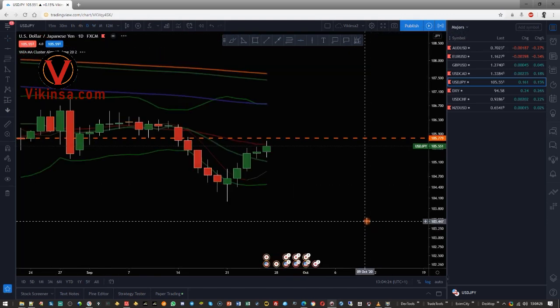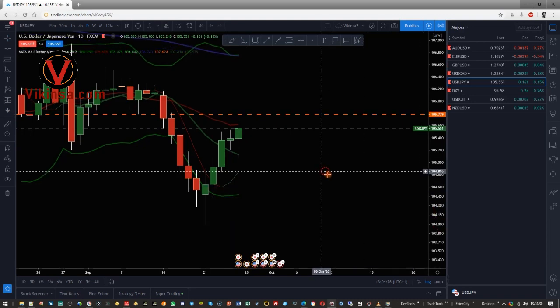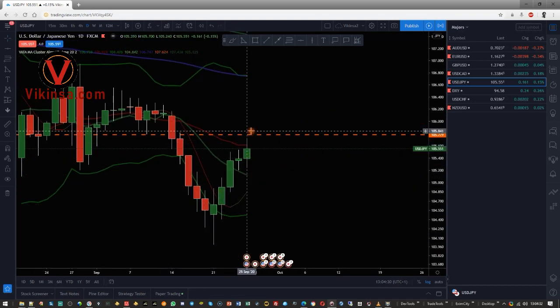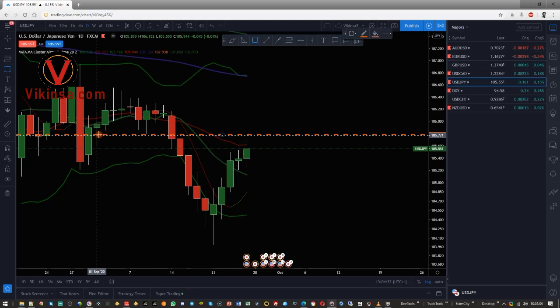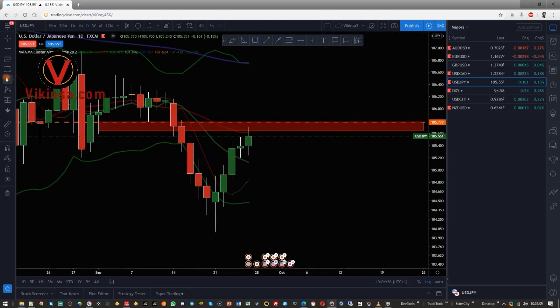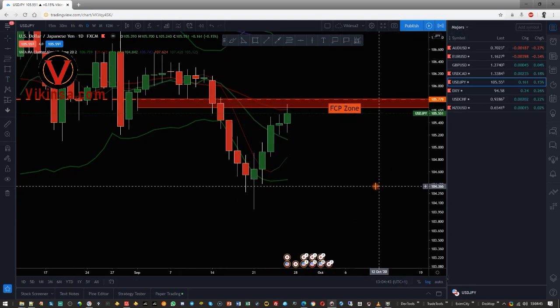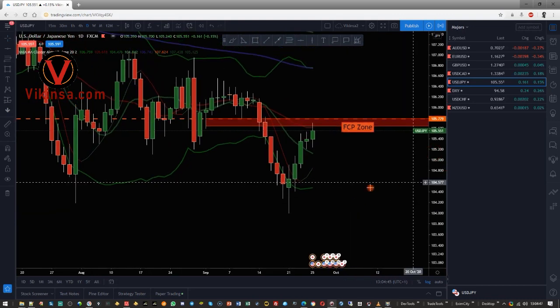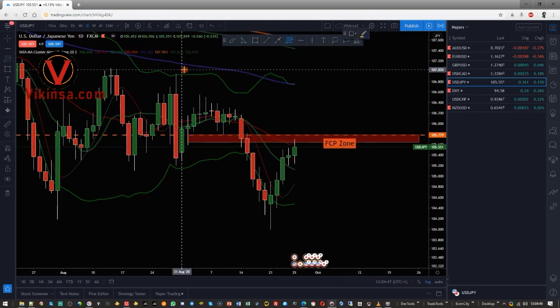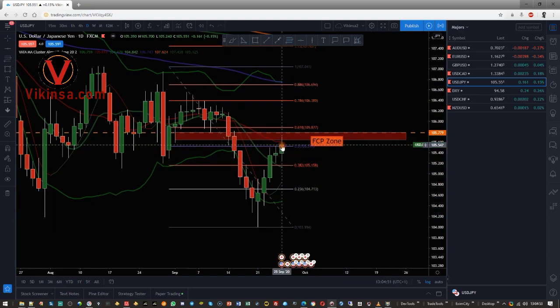Let's go to the daily time frame, and it is already struggling with the mid of the Bollinger Band, and it is creating this structure as well. So we have this FCP zone right here. Okay, and we can see that the market has come to 50%, which has previous structure as well.